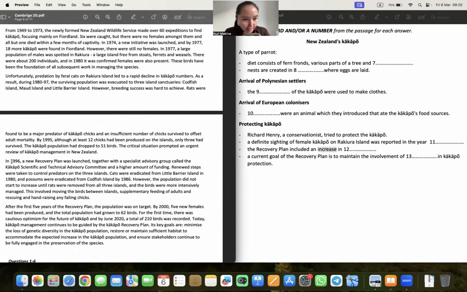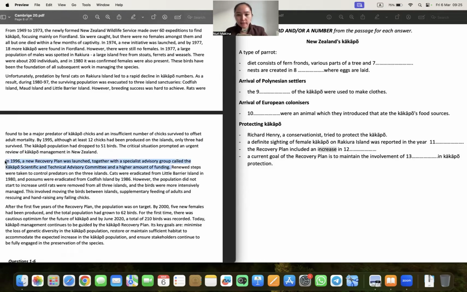And I've noticed that when I was looking for the answer of the 11th question, recovery plan is here. A new recovery plan was launched together with a specialist advisory group called the Kākāpō Scientific and Technical Advisory Committee and a higher amount of funding.